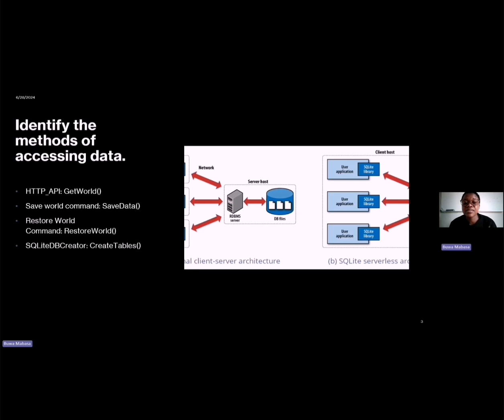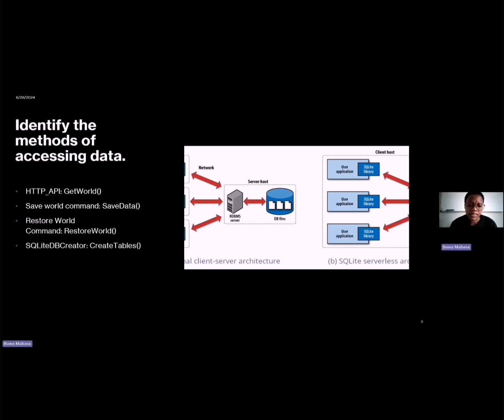We save the world which we got using the get world method. The data that we save there is the world with its dimensions, the size of it, as well as the pits and the mines and the obstacles inside that world. All that data we save in the save data method.